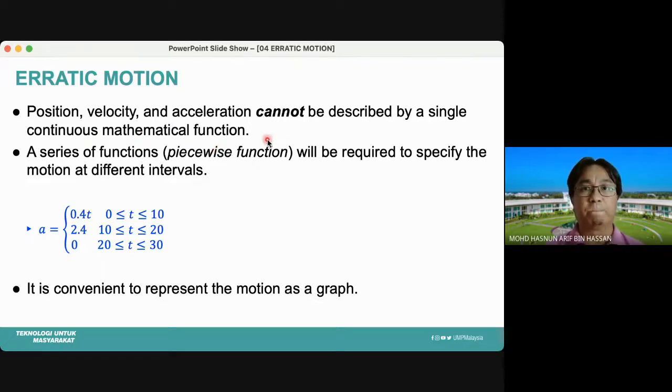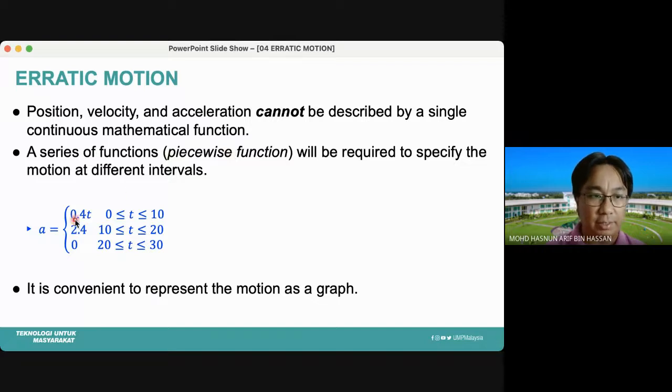Okay, maksudnya kita tak boleh buat macam tadi dalam tutorial tadi, v is equal to 2t square, for example. So that is not the case for erratic motion, but instead we have a series of functions ataupun dikenali sebagai piecewise function.